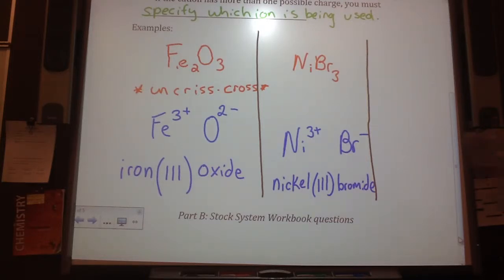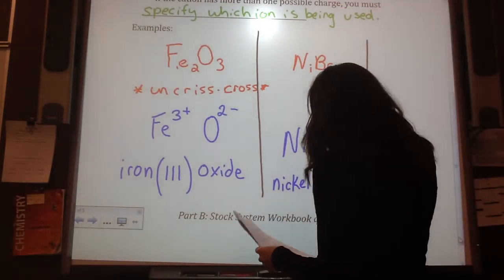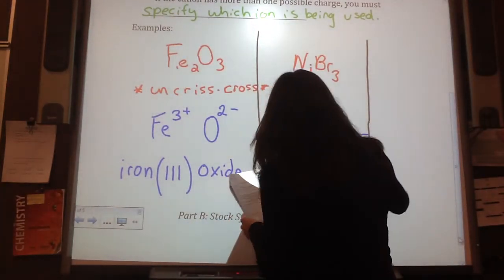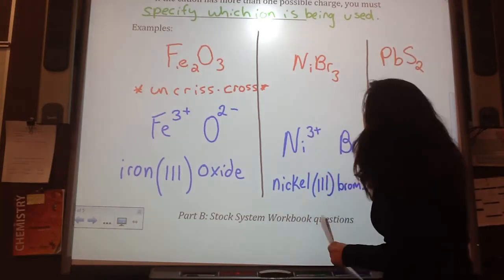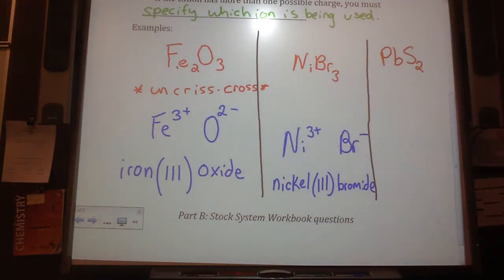Okay, let's try one more. So let's say we started with PbS2. Okay, this one's kind of difficult. Like Michaela just pointed out, we know that the negatives never have multiple options. So sometimes it's good to start with your anion and write that one out first. So what is S?